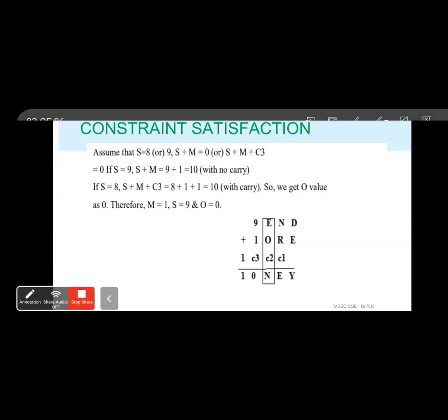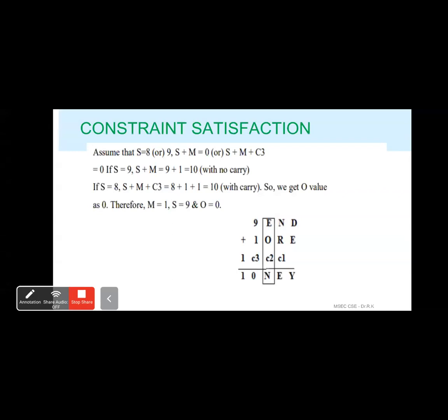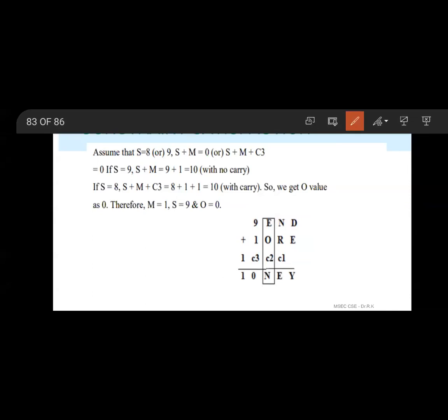SEND MORE MONEY. Here, S equal to 8 or 9. Here, sum of S plus M plus C3 equal to O, then C3 equal to 0.